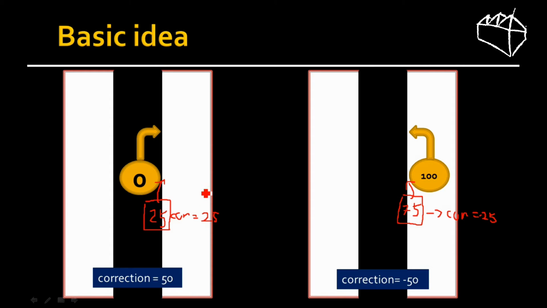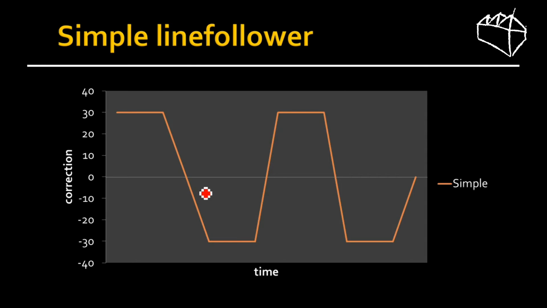And now what this makes is that it doesn't only have two states, it will have four states. So it will drive like this, then your sensor recognizes, oh, the value received by the color sensor is now less than 25, so let's make the correction a bit smoother.